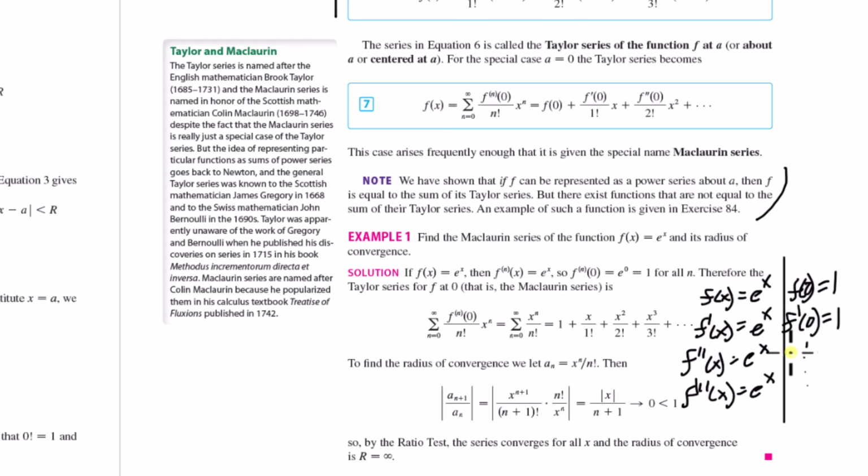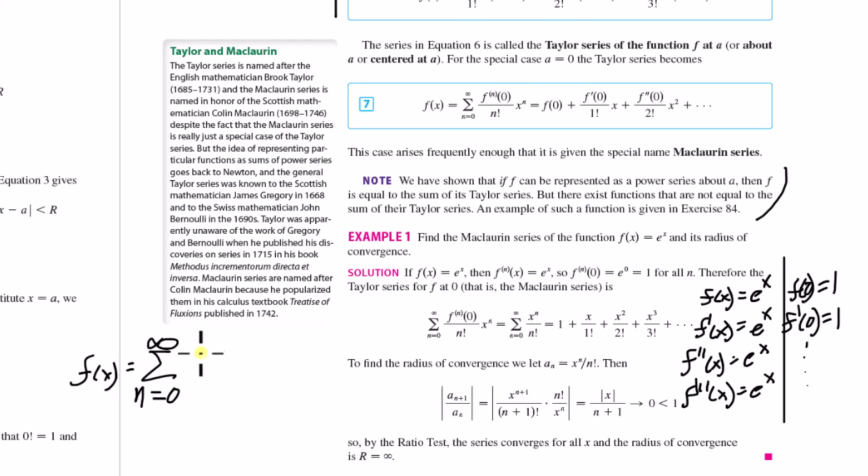But what you can notice is that with the power series representation, you're plugging in the center point, so the actual function itself is going to go away. If we come here, it's the sum from n equals 0 to infinity of f of x.